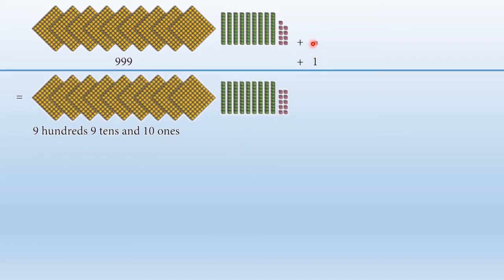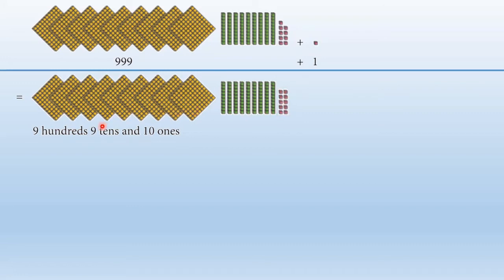And when we add this, this bead is placed at this place here. So now we have all these the same. Here we have 9 plates of beads and 9 lines of beads, and we have 10 single beads here.